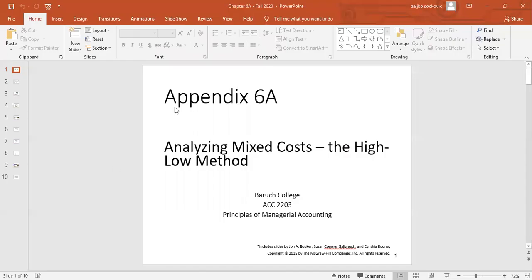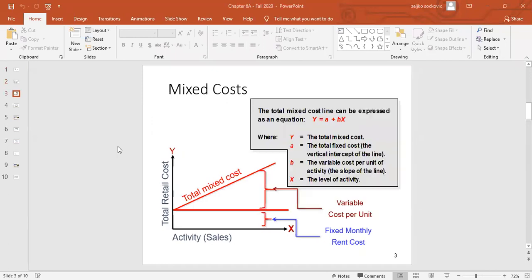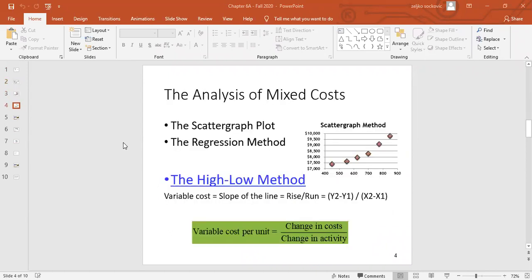So go to the narrated lectures. Okay, this is the high-low method, which you need to know. This was an example from chapter 1, again mixed cost, very straightforward. You don't need to know the scatter graph plot or regression method, but you need to know the high-low method.